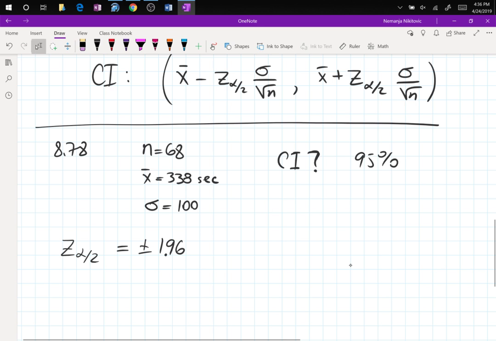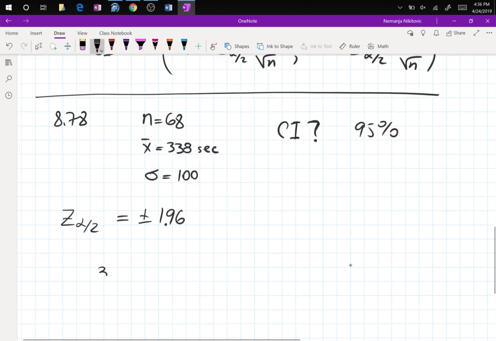So x bar is 338. Don't forget the parentheses. Minus 1.96 times sigma, which is 100, divided by the square root of n, which is 68.